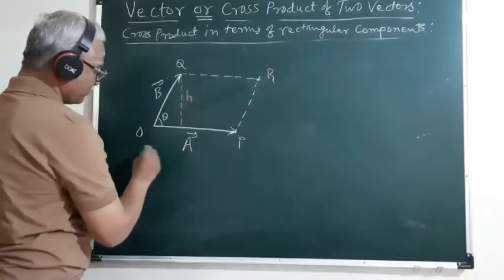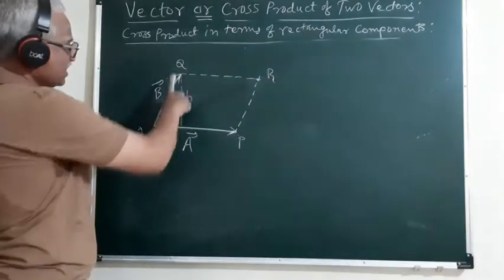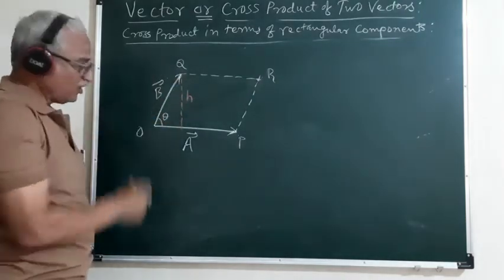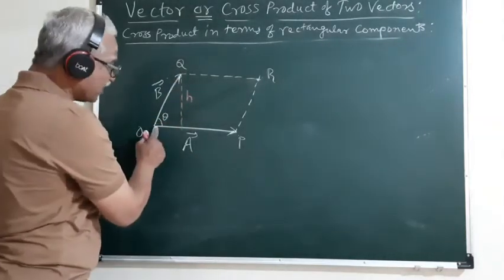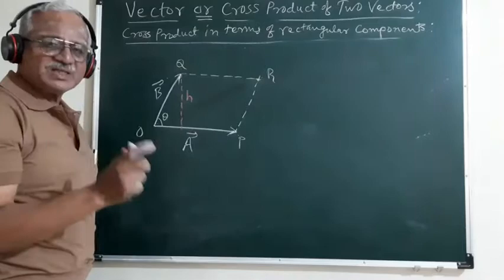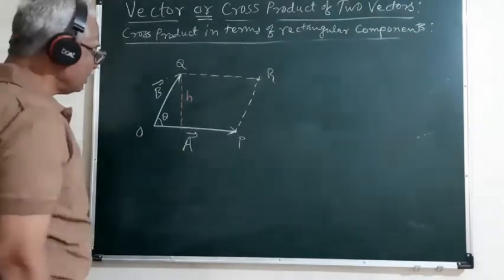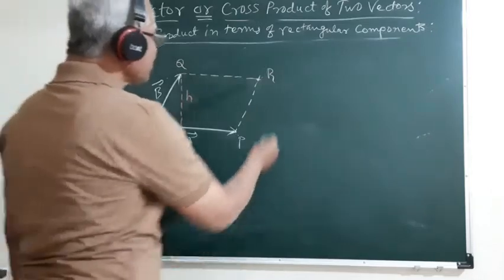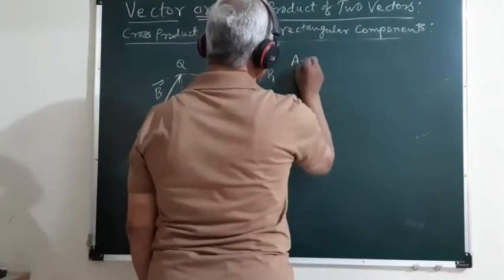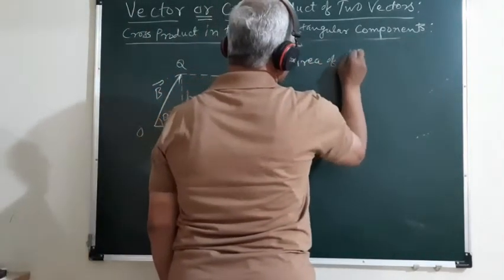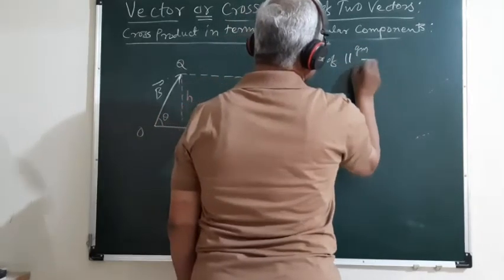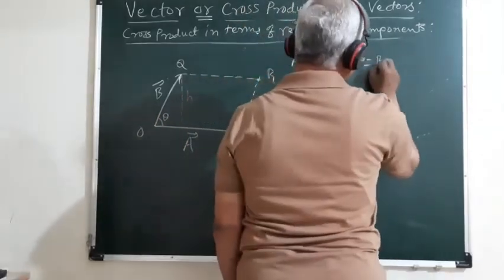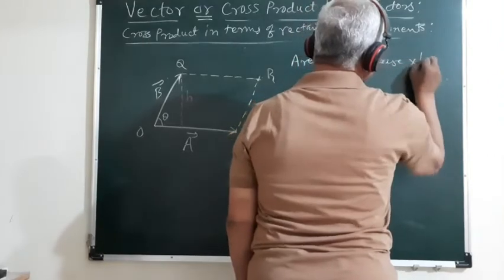This side is H. So this is nothing but the height of the parallelogram, and the magnitude of vector A bar is nothing but the base of the parallelogram. So we know that the area of a parallelogram is expressed as the product of base into height.